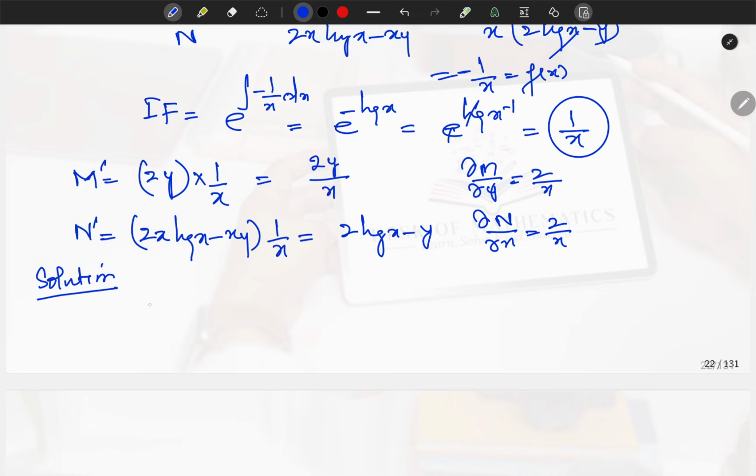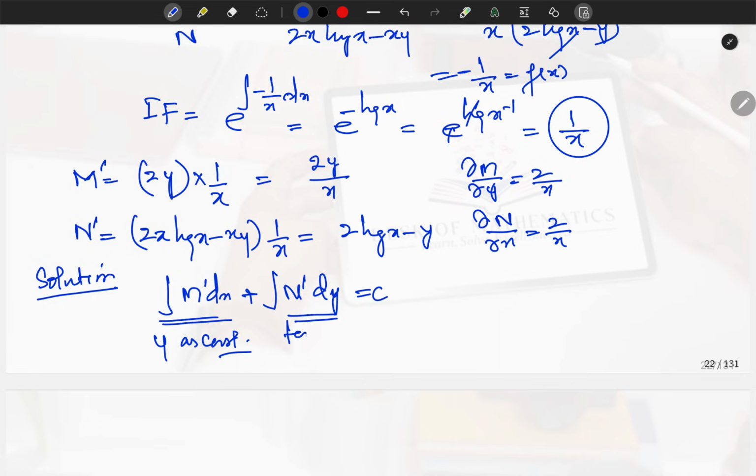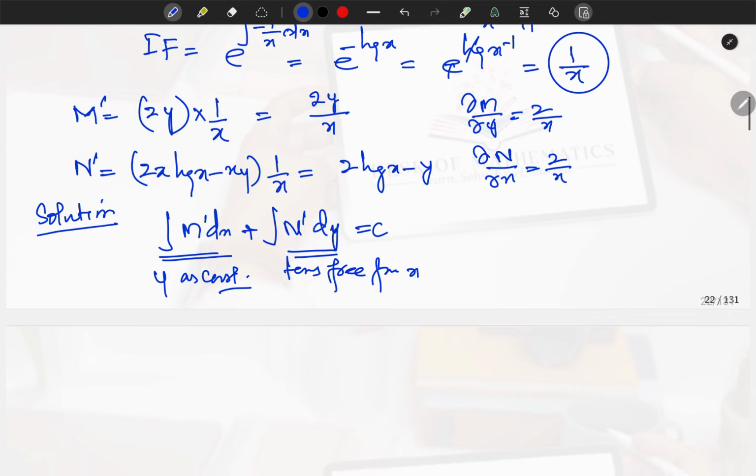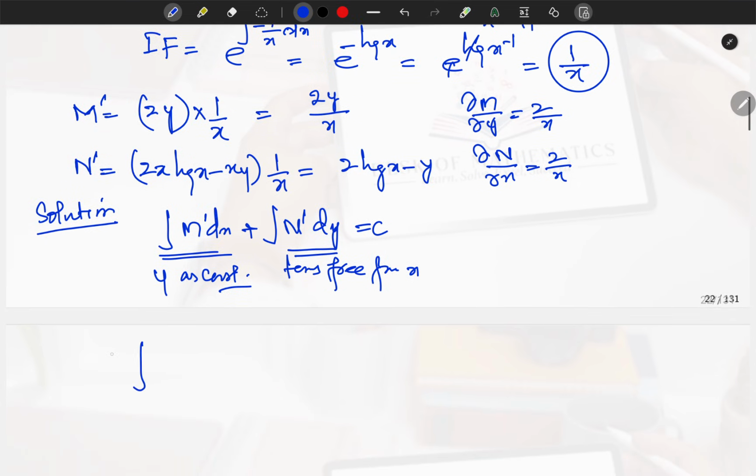The solution will be the integral of M dash dx plus the integral of N dash dy is equal to c. Here we have y as constant, and here we have the terms that are free from x. So in M dash, 2y as a constant, 1 by x dx, plus N dash, those terms that are free from x.